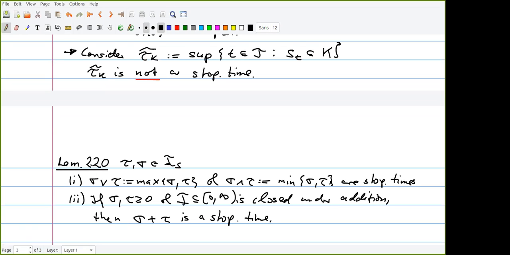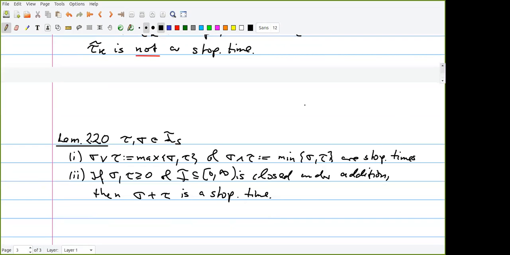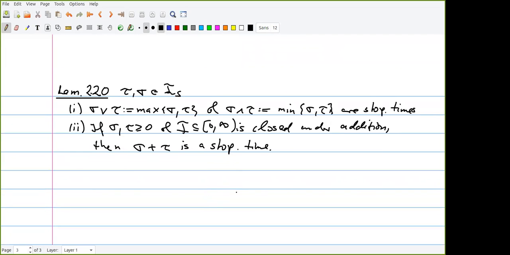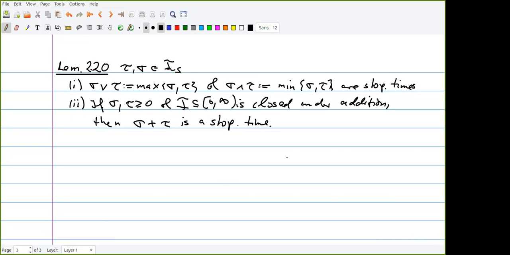So these are all operations which, under suitable conditions, lead to new stopping times. Again, we need to prove it. So let's do it.